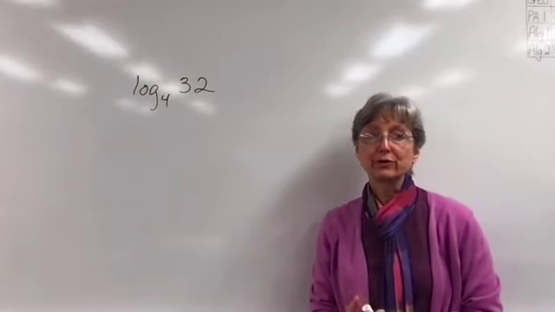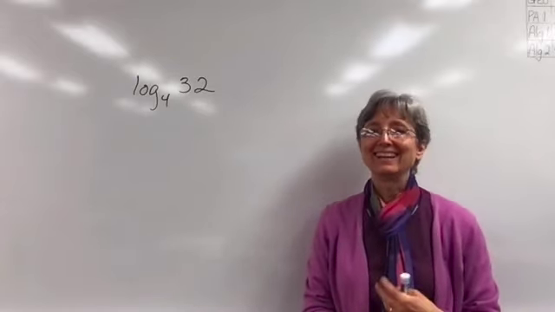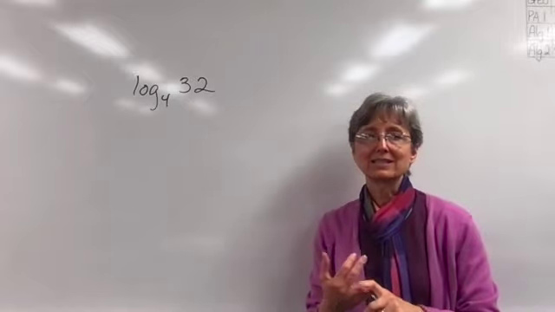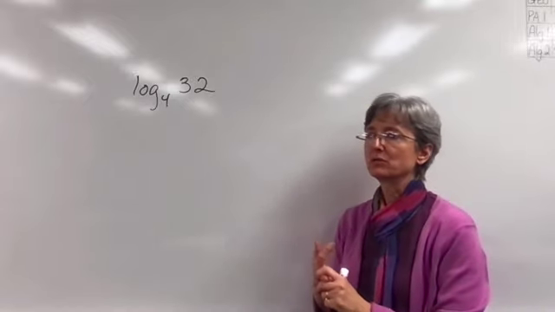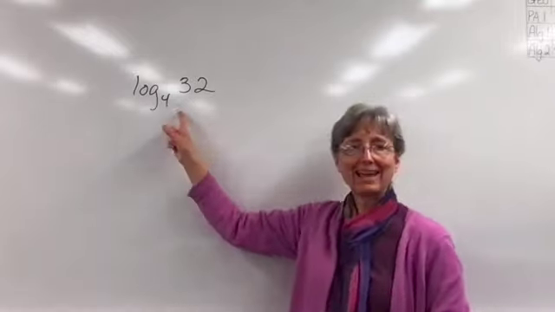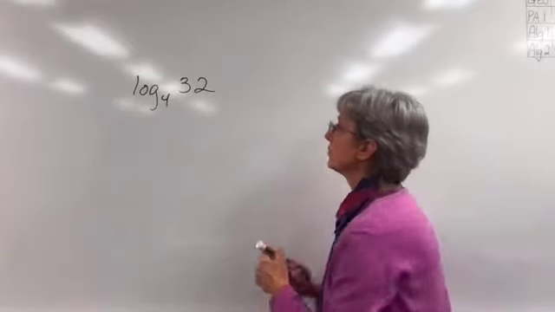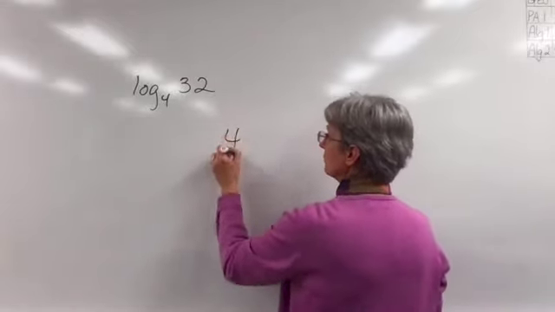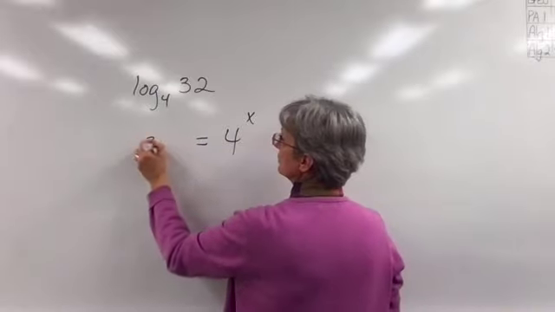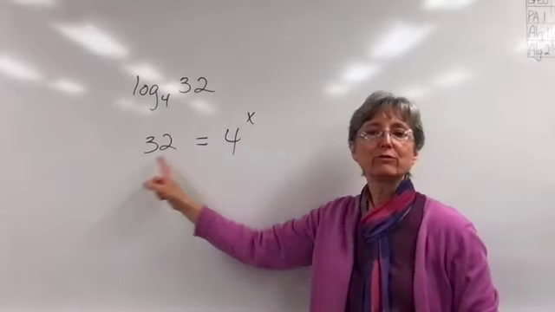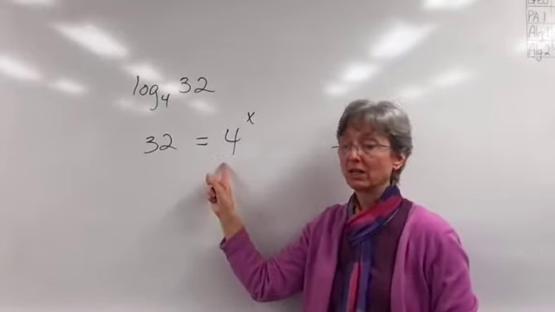Log base 4 of 32, let's evaluate that. Again, 4 squared is 16, and 16 times 4 is 64, so I cannot use the 4. So what I'm going to do is switch it. 4 to the power of x equals 32, and I'm going to change both of those to base 2 again.